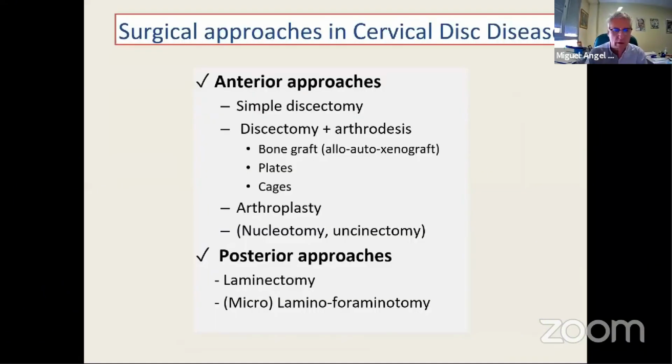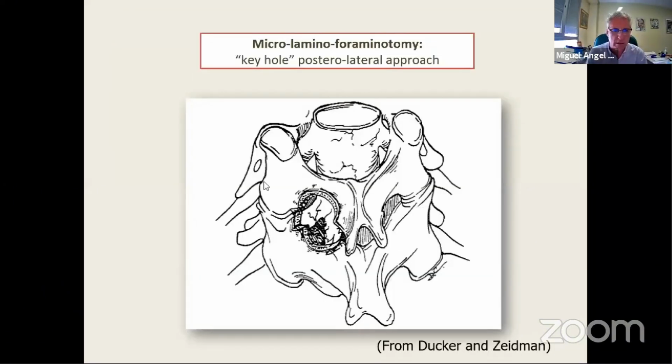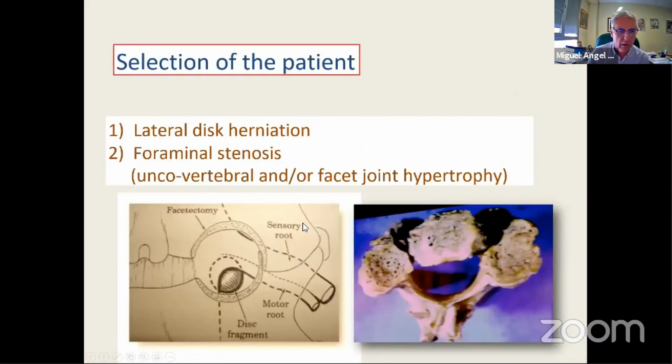Okay. So this is a summary of the keyhole approach, trying to expose the root, removing some part, as I mentioned before, of the inferior aspect of the superior lamina, the superior aspect of the inferior lamina, and sometimes some little part of the medial part of the joint.